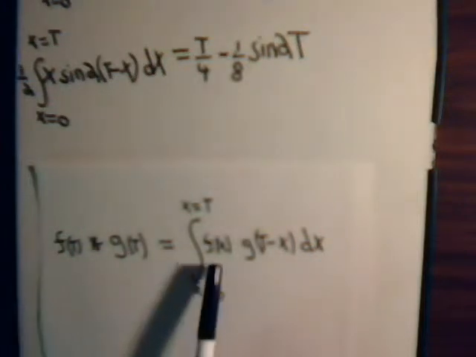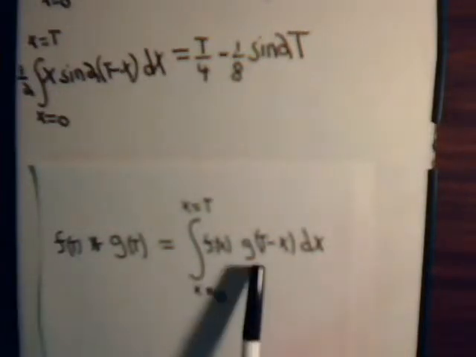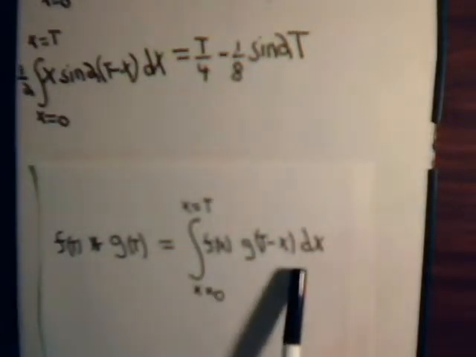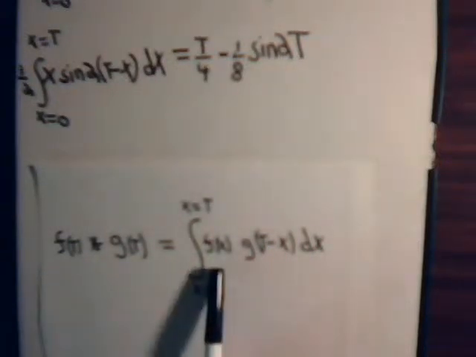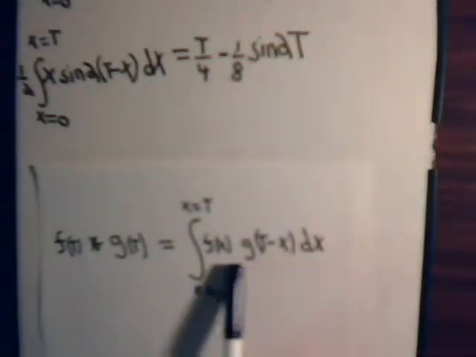So this is a function of x. The function on the right-hand side of the star becomes a function of t minus x, dx. So inside the integral, the variable is not t, it is x. Here the t is just treated as a constant, integrating with respect to dx, and these are the limits.